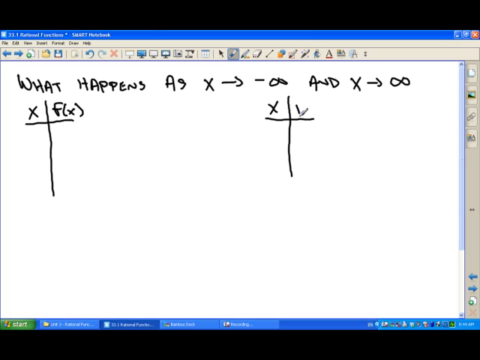So again, we can just set up two tables of values. We can make our x value get very, very negative, and we can make our x value get very, very positive. And we can plug these into our function and see what we get.